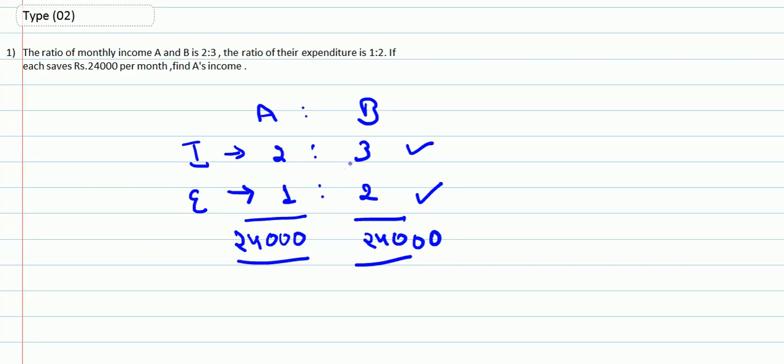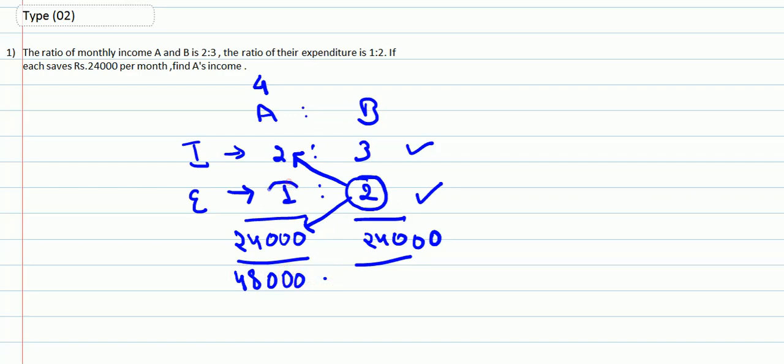Now guys, what we are going to do is multiply these numbers in a crisscross manner. That means this 2 will be multiplied by this number and this number. So 2 into 2 is 4, and 2 into 24,000 is 48,000.